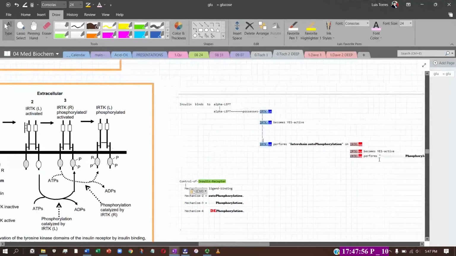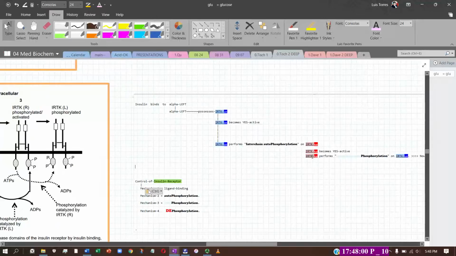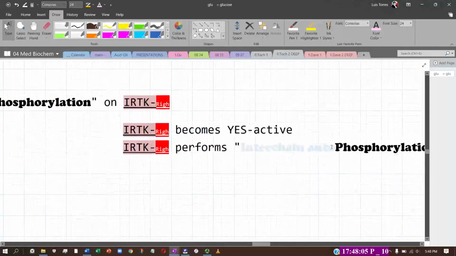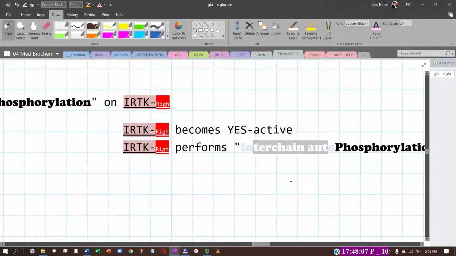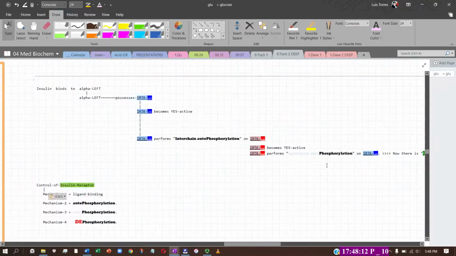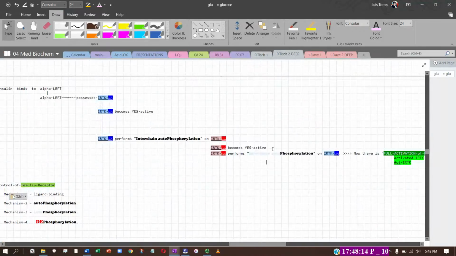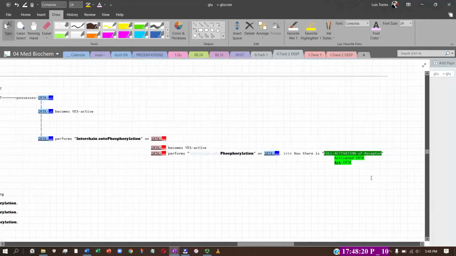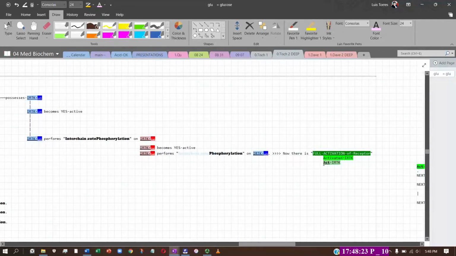And then the IRTK right becomes active, and then it performs just regular phosphorylation, not interchain autophosphorylation. That's why these letters are washed out. It just performs regular phosphorylation back onto IRTK left, and now there is full activation of the receptor. But moving forward, we'll just label it as act IRTK for activated IRTK.